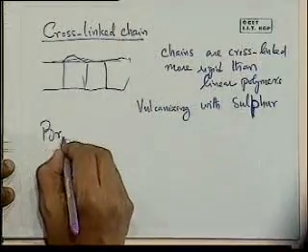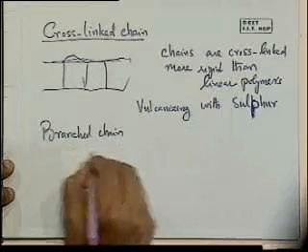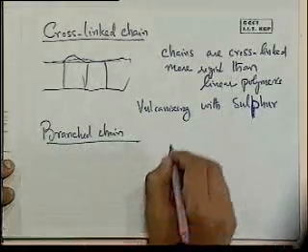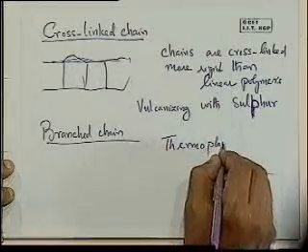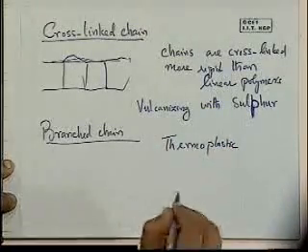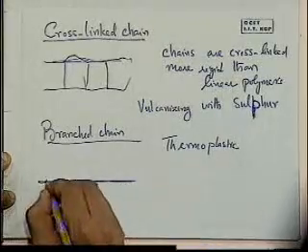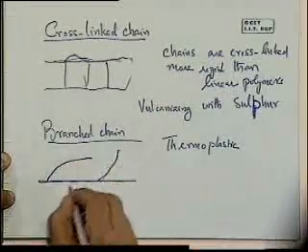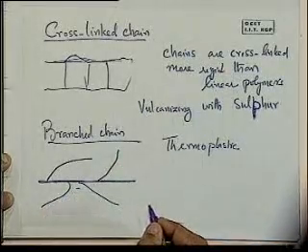The next category is what is known as branched chain polymer. And these are generally thermoplastic. And there are different kinds of side chains. Let's say there's a main backbone, and we may have side chains that go off of the main backbone.